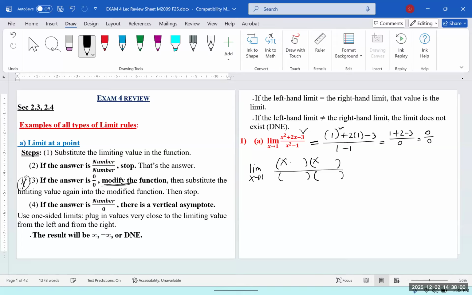So we get plus 3 and minus 1. 3 times negative 1 is negative 3. 3 minus 1 is 2. The denominator is a difference of perfect squares. So for a difference of perfect squares, you add and subtract their bases. So you get x plus 1 and x minus 1. And then you see they both have x minus 1 in common. So we cancel and we get x plus 3 over x plus 1.